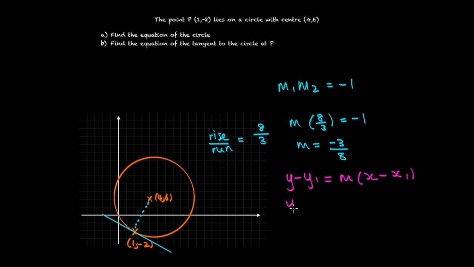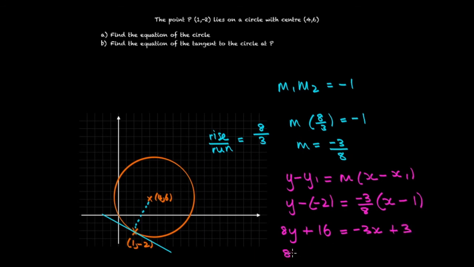So y minus minus 2 is equal to minus 3 over 8, that's our value for m, times x minus 1. So if we multiply both sides by 8, then we get 8y plus 2 times 8 is 16 is equal to minus 3x plus 3. And so 8y plus 3x plus 13 is equal to 0.